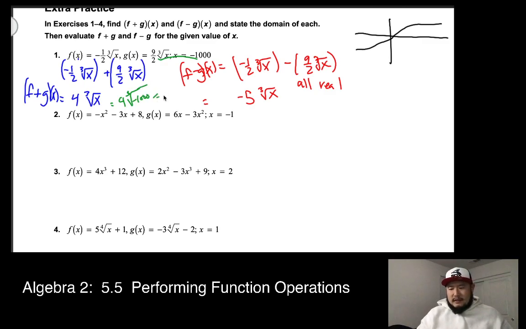Simplifying that, you should get your answer of negative 40. And then over here, we include negative 1,000 for negative 5 times the cube root of negative 1,000.